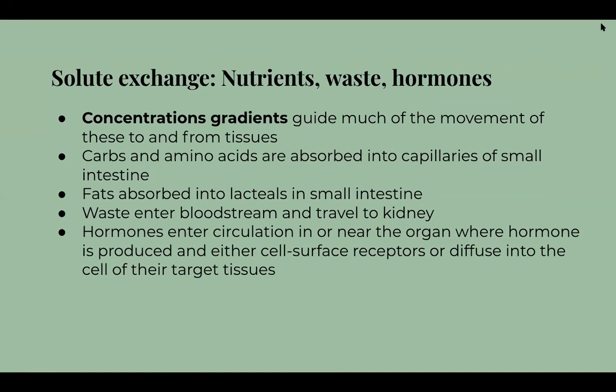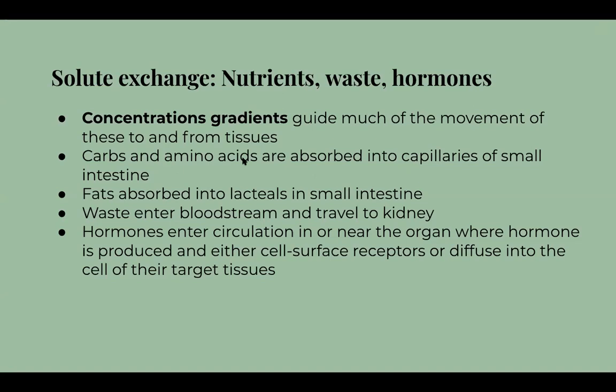That concentration gradient just drives the movement of these into or out of the blood. And there are different pathways for different substances. Carbs and amino acids, when you consume and digest them, are absorbed into the capillaries of the small intestine, and that's how they enter your bloodstream.